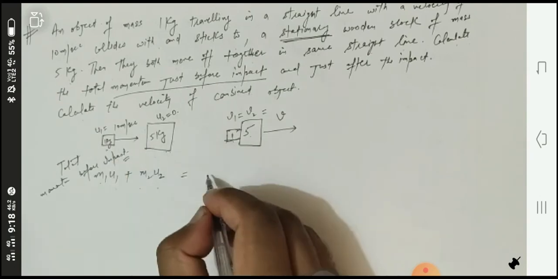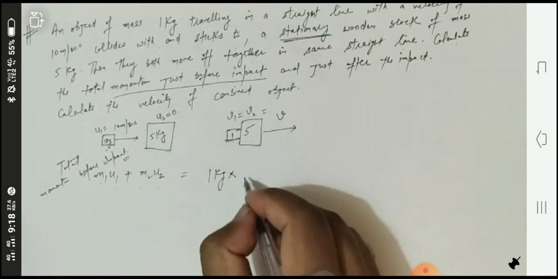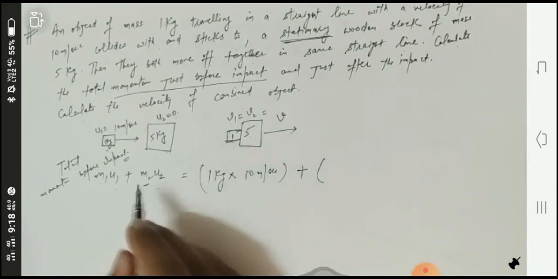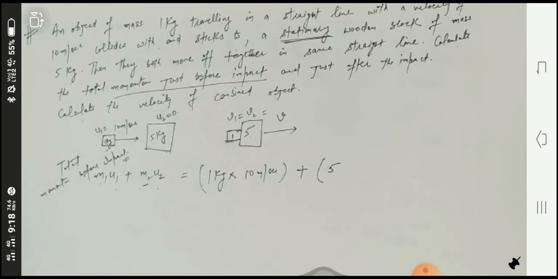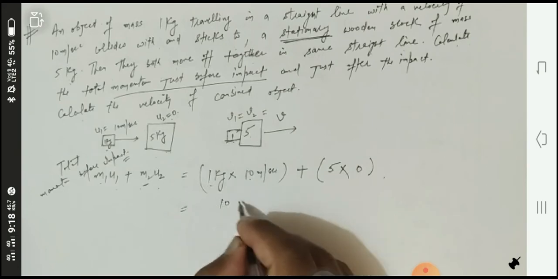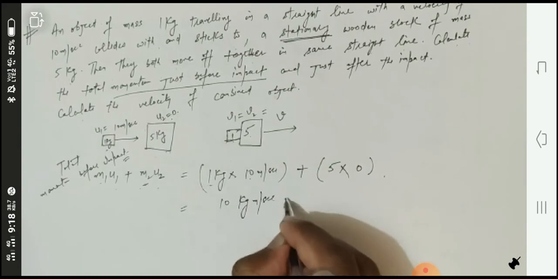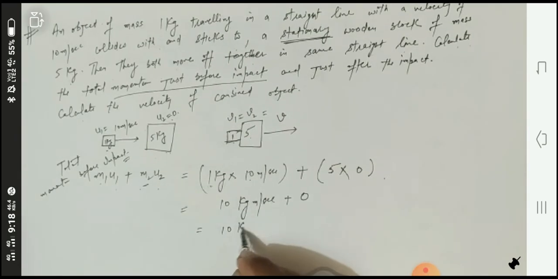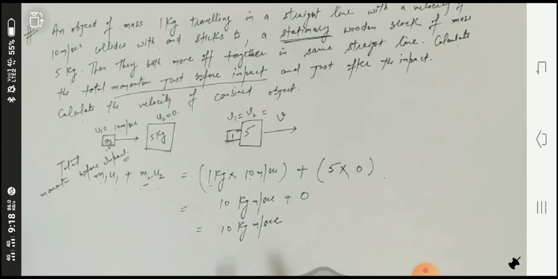Mass is 1 kilogram, into velocity 10 meter per second, plus m2 is 5 into the initial velocity of the second object, which is 0. Clear? So it becomes 1 into 10, that is 10 kilogram meter per second, plus 5 into 0, it becomes 0.